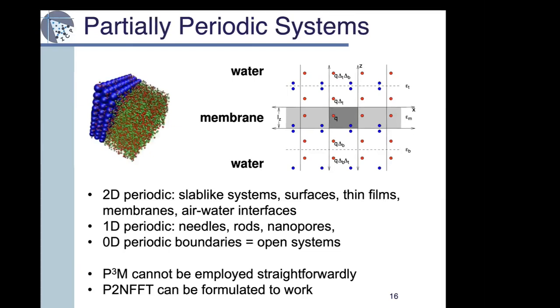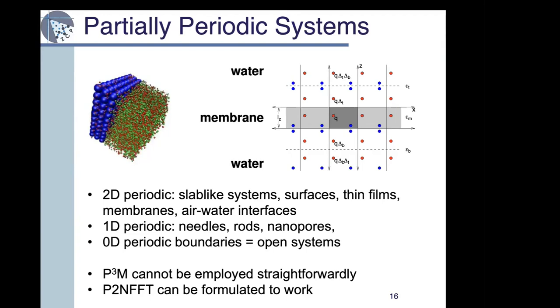Now, this was all for general Fourier sums. Now the question is, what do you do in partially periodic systems? Because in slabs, for instance, slit pores, like you want to do for supercapacitors, it becomes more difficult. And people have been playing around with standard Ewald sums for 2D partially periodic systems, and it's a mess because it's very slowly convergent, and you have to hit the right parameter range.